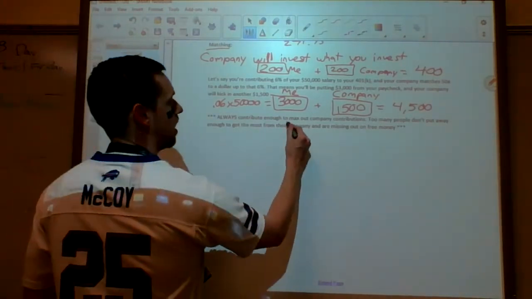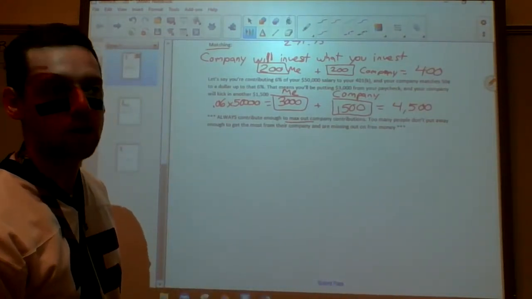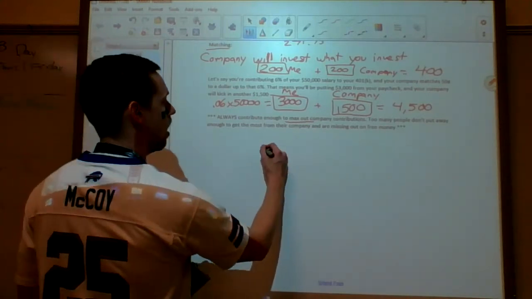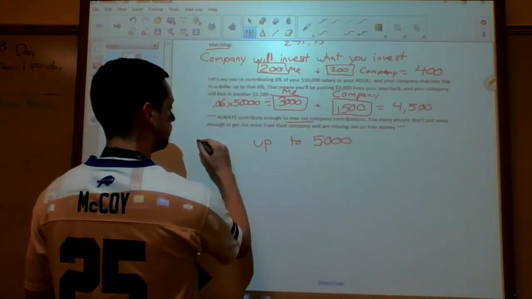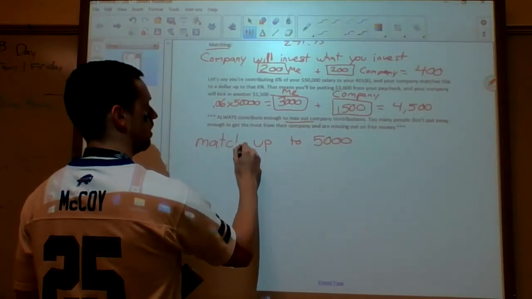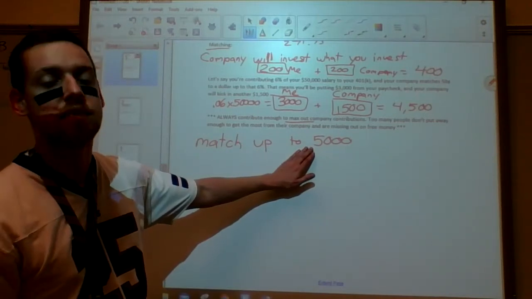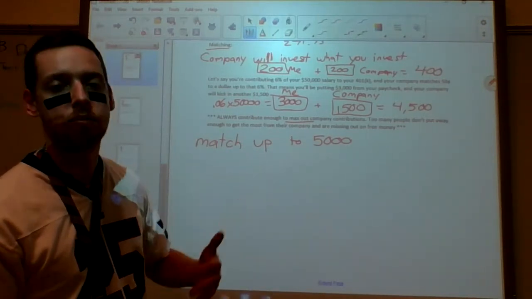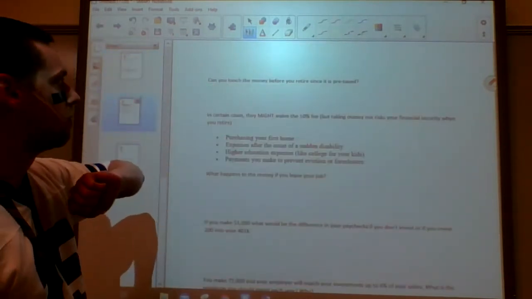Always try to contribute the max. If your company says we will match your investments up to $5,000, then you better try to put $5,000 in there, because then they'll give you that much back. It's like free money. Right?